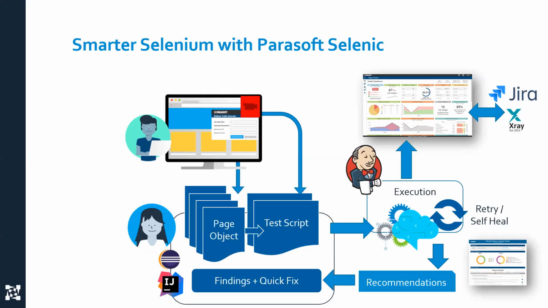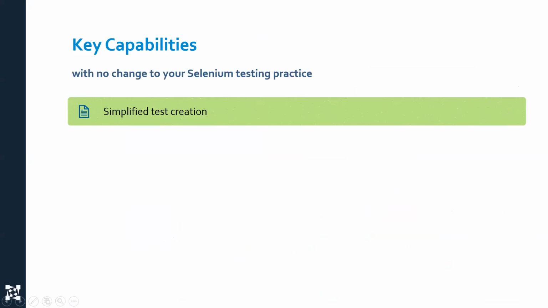So the key elements within Parasoft Selenic, there are 5 key things to focus on. First, simplified test creation. This is where, as I mentioned, we're using the page object model. There's no vendor lock-in associated with it, and it's designed to plug right into your CI process.